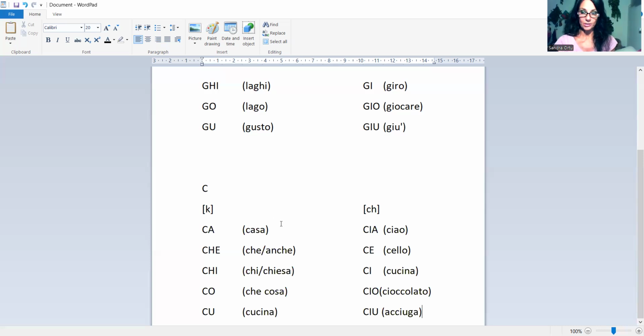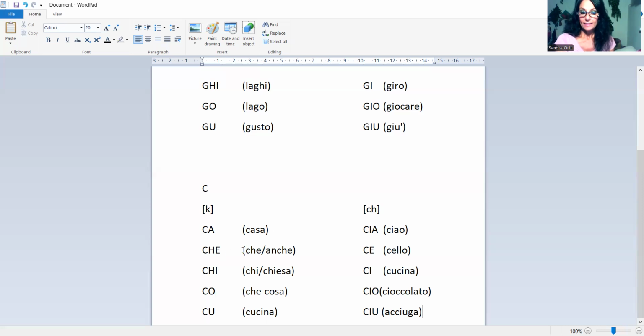So you can associate these sounds, the way it's written, with a word that you probably already know or is part of the basic vocabulary. So we have ka, ke, ki, ko, ku. So an example for each of these sounds: ka for casa, which is home or house.